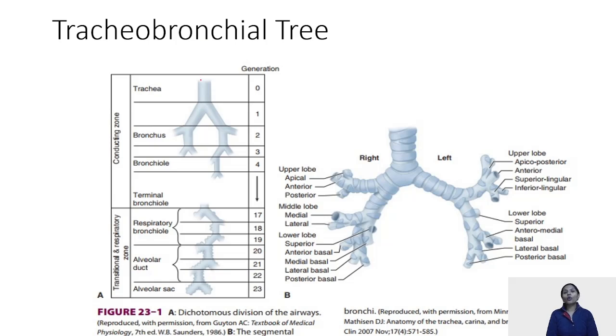Coming to the tracheobronchial tree. This is the Weibel classification, and you all have to remember it because, according to this classification, the tracheobronchial tree is divided into 23 generations.